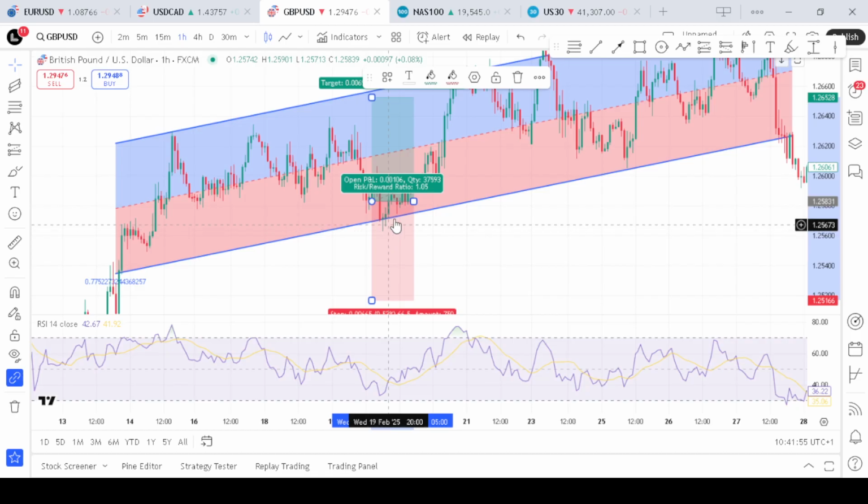It is strengthening our buy signal because it's showing that the market has been in an oversold region.